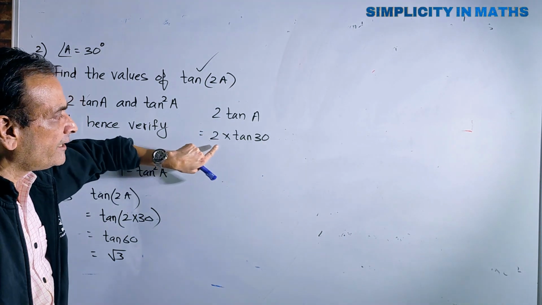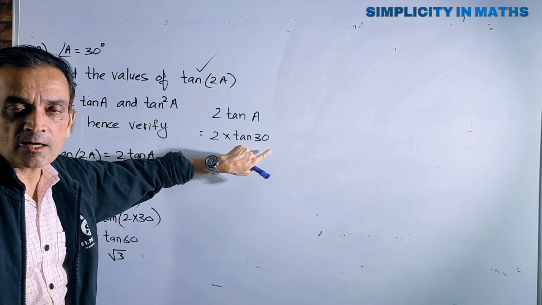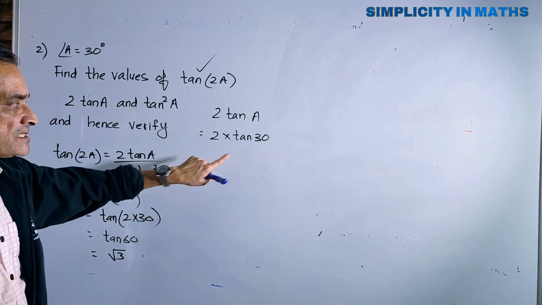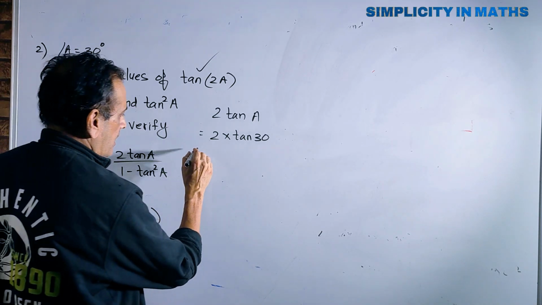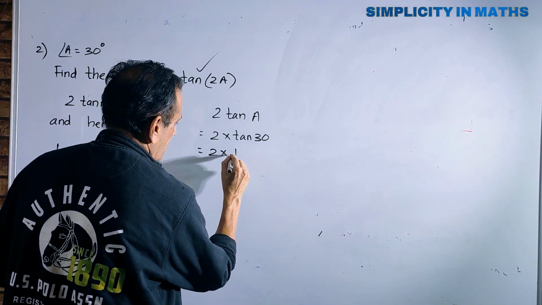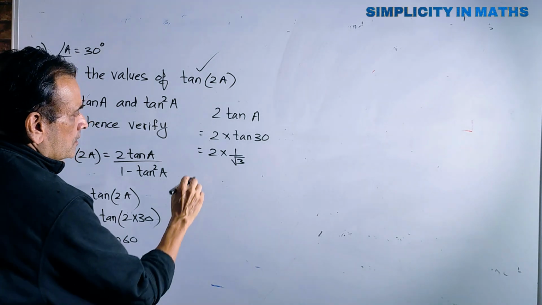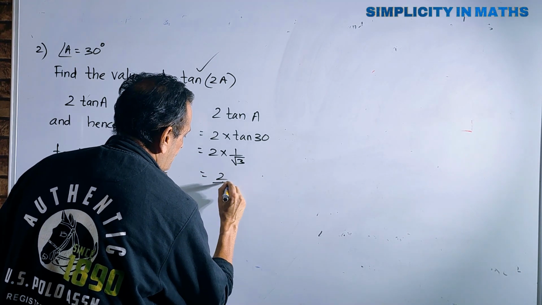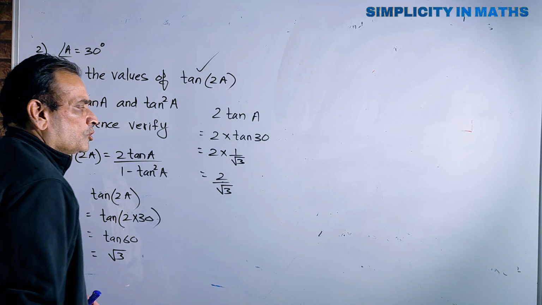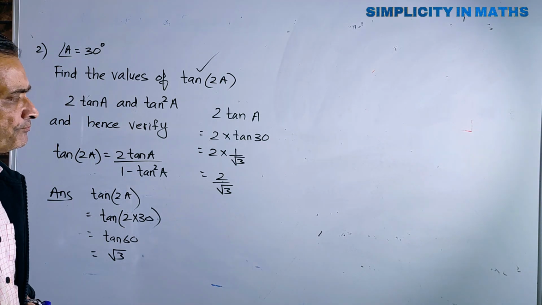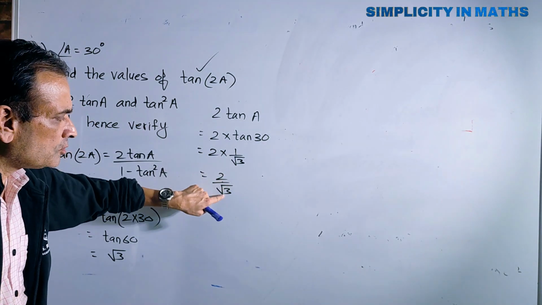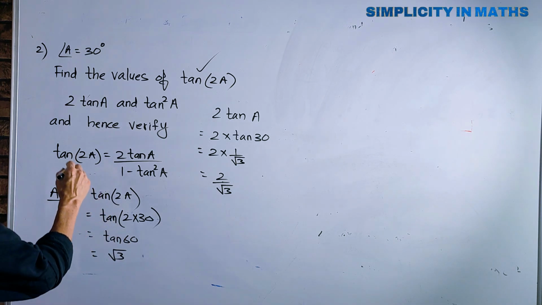You can't multiply 30 into 2 because tan is there. It is tan of 30, so this is different. Tan 30 is 1 by root 3. So 2 into 1 by root 3, what do we get? 2 by root 3. So we got 2 tan A.